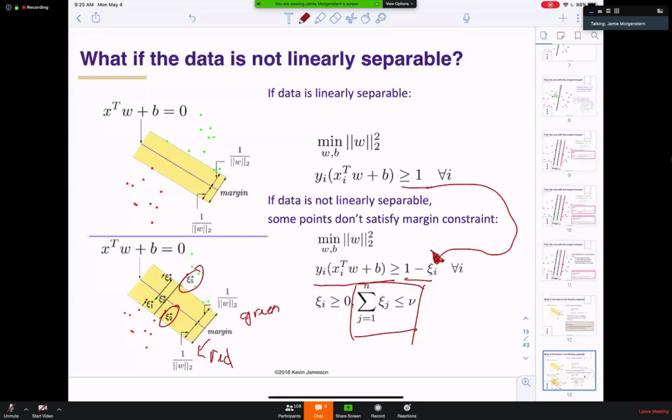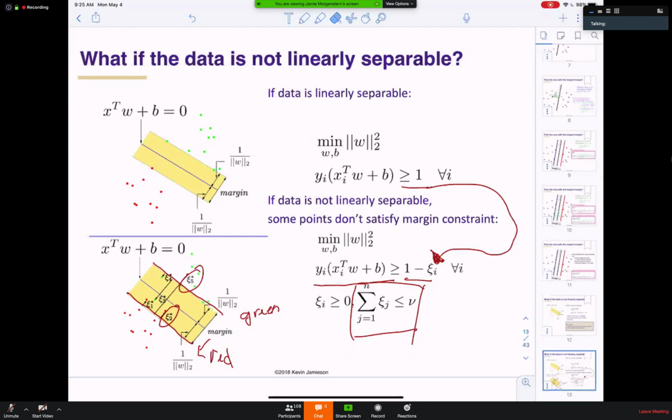And the way we penalize our optimization for such points is as a function of how far away those points are from not just the decision boundary, but this thing we're still thinking of as a margin. It's just that there are some violations to both the margin and to the linear decision rule.